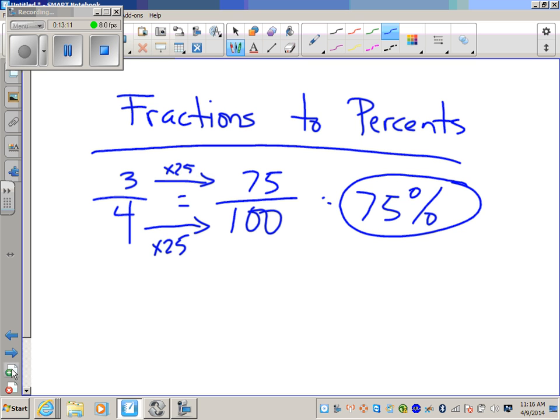Let's look at another one. 4/5. Let's compare it to another fraction with 100 as the denominator. Is there a relationship between 5 and 100, Eli? Times what?